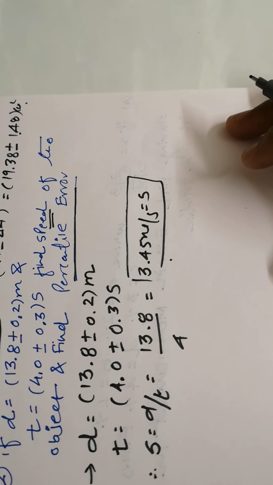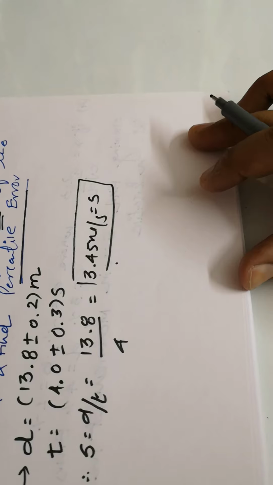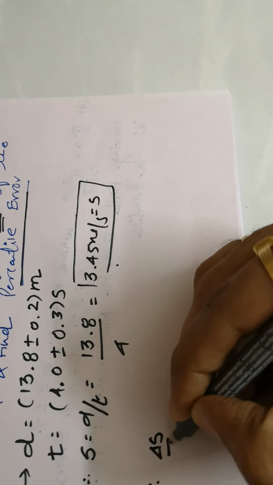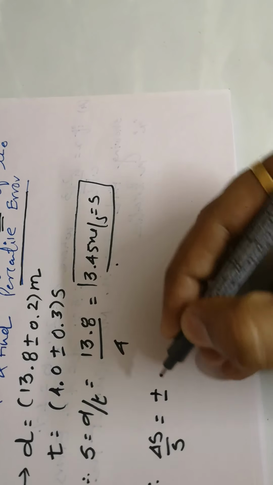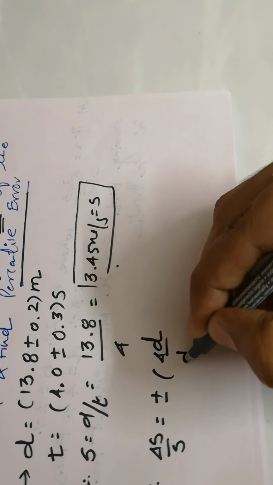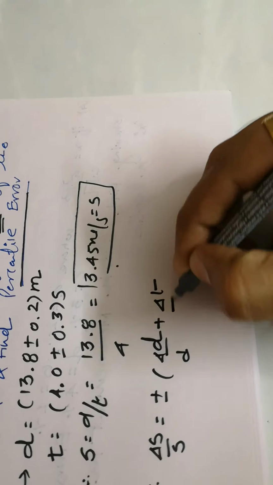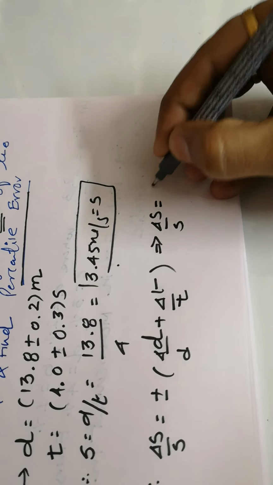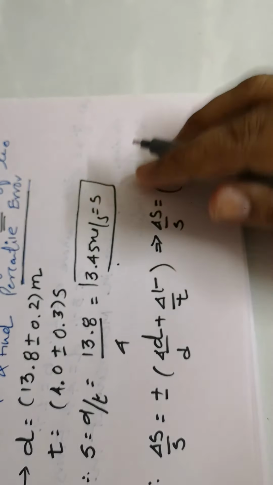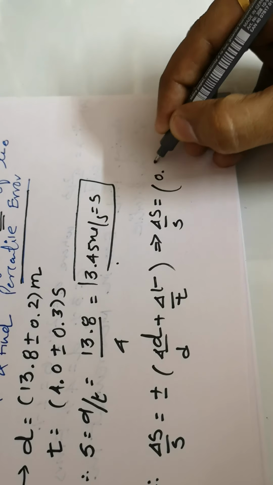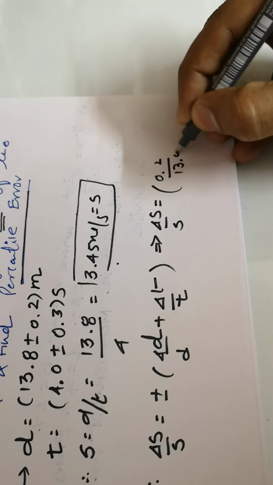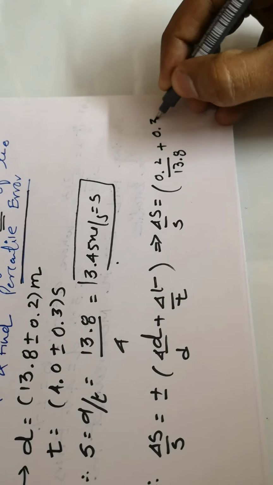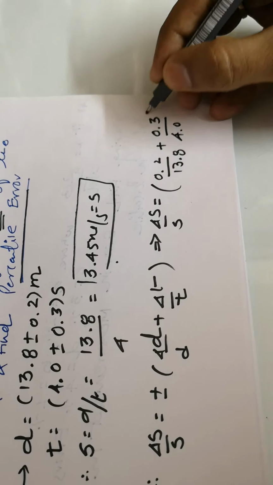Now I want to find delta S by S, which is equal to plus or minus delta D by D plus delta T by T. So delta S by S is equal to 0.2 divided by 13.8 plus, for time, 0.3 divided by 4.0.